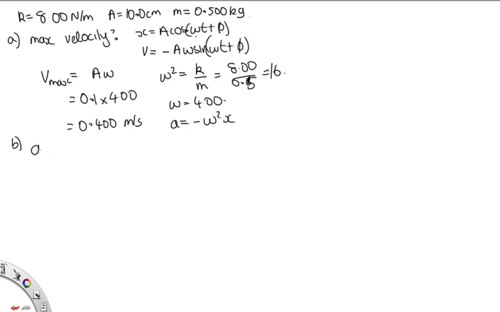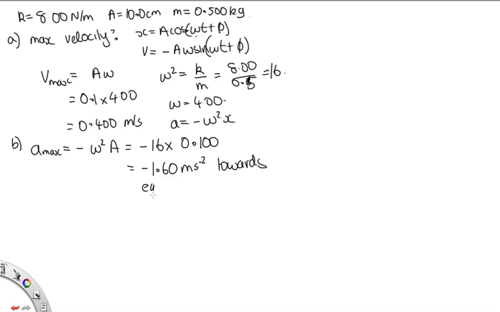So a max is equal to minus omega squared A, which is minus 4 squared, which is 16, times the amplitude, which is 0.100 meters. So this is equal to minus 1.60 meters per second squared. So that's towards equilibrium position.